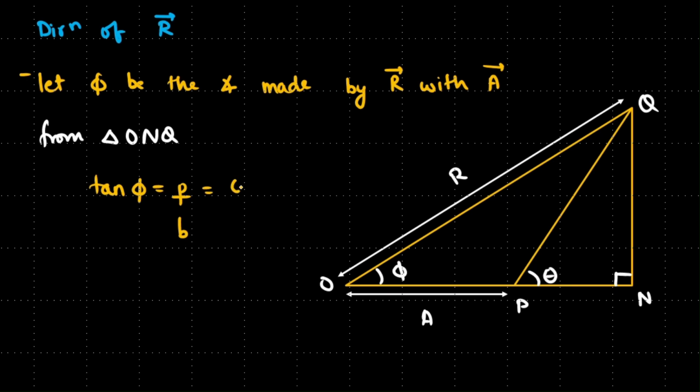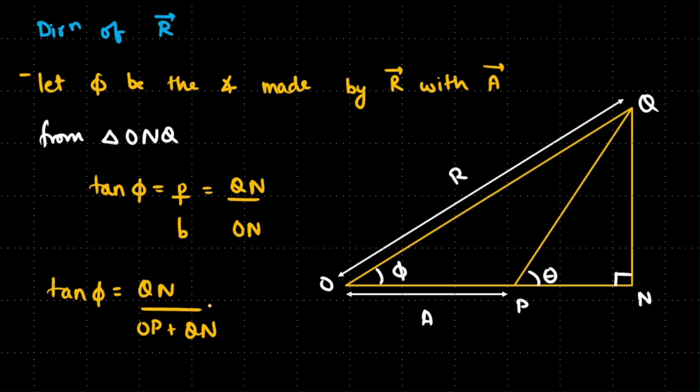So it's QN by the base, which is this one, which is connected to the angle and not along the side. So this is ON. But we don't know what ON is. So we know that tan phi is QN, also we know that, but we are not going to write it right now. But we know OP, and we also know QN. So we know OP plus QN.